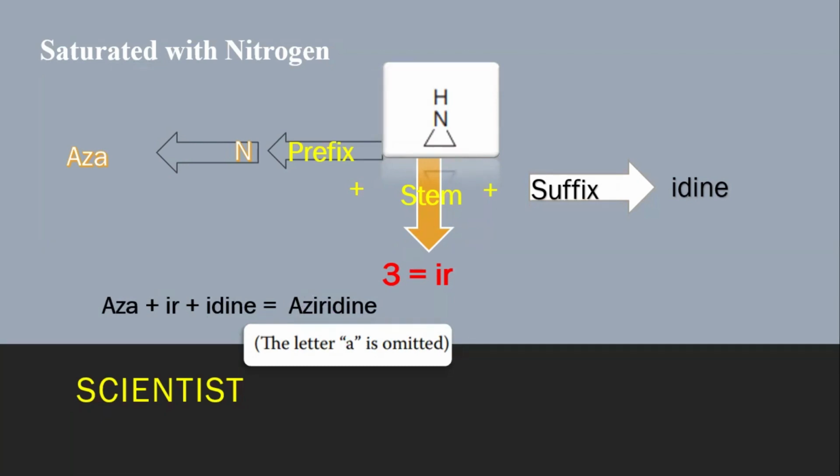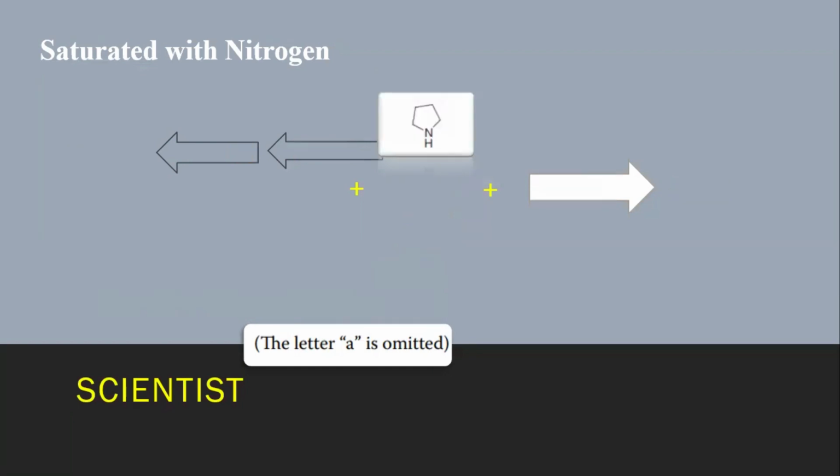Let's discuss another nitrogen containing system. The prefix is aza, and as a 5 membering the stem should be ol. The suffix will be idine.